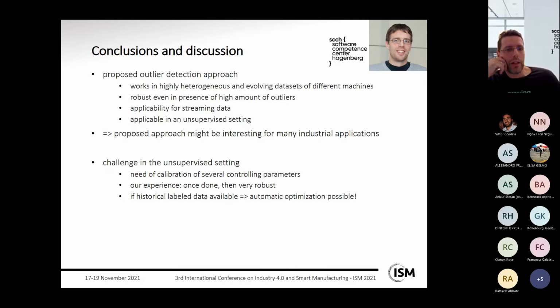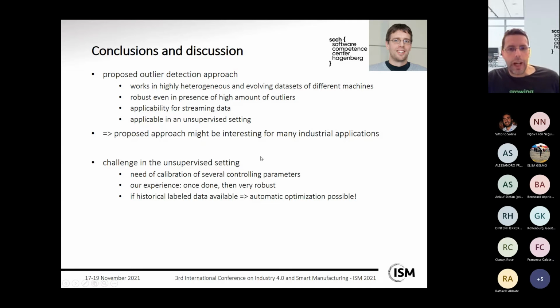It's applicable to streaming data, and one can calculate online for each arriving data point if it's an outlier or not. And it's applicable in an unsupervised setting. And we thought this proposed approach might be interesting for many different industrial applications.